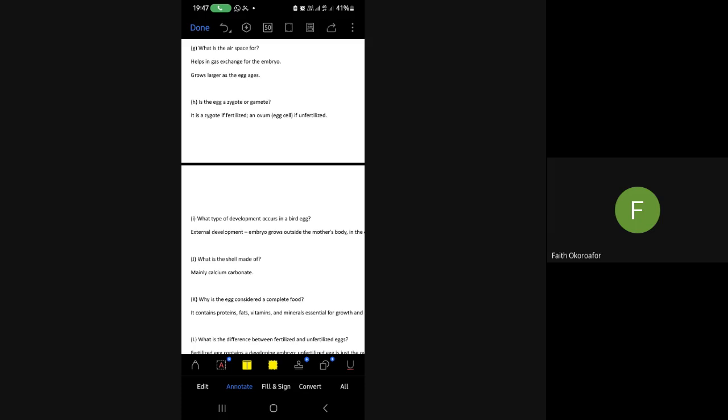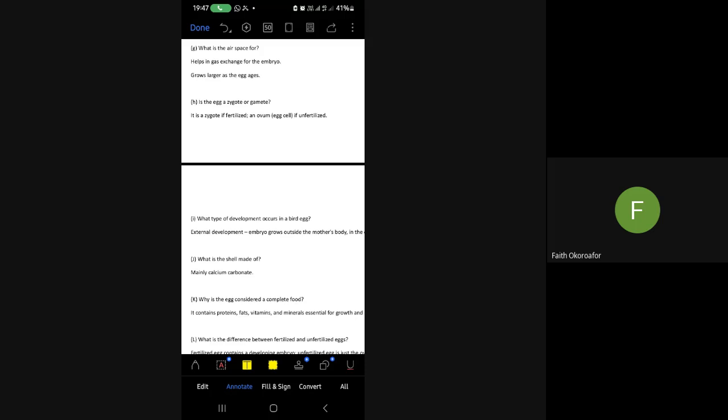All right. Let me quickly explain. When we say gametes, gametes is sex cell that is produced by organisms. So for female animal, the gamete is also known as the female sex cell, and it is the egg.